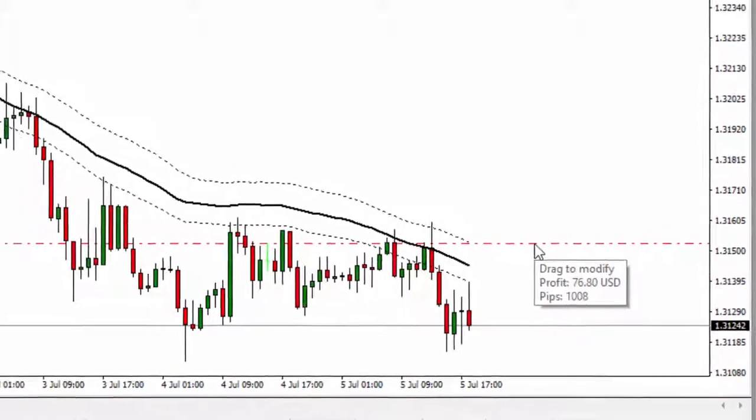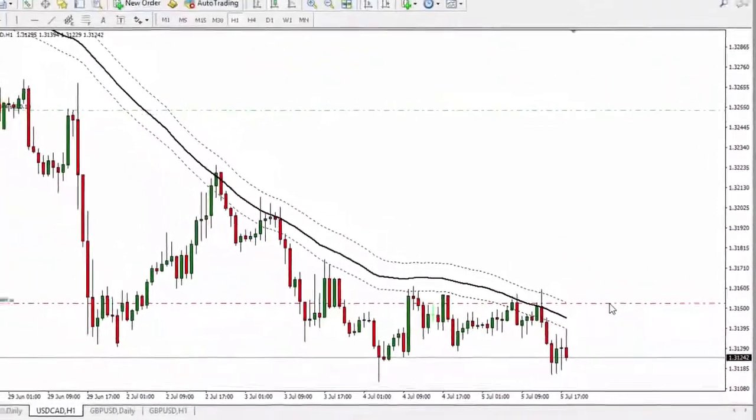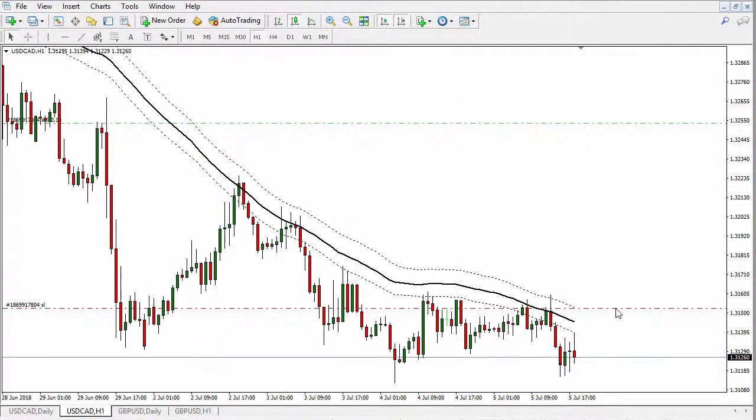And now, even if price was to decide to move against this trading position to trigger its stop loss order, I'm going to come out of the markets with a little over 100 pips of pure profits from this counter trend trading position. However, on the flip side, if price decides to continue moving in favor of this short trading position, I just might get another opportunity to lock in even more profits from it. But as usual, we're just going to have to wait and see what price decides to do next.